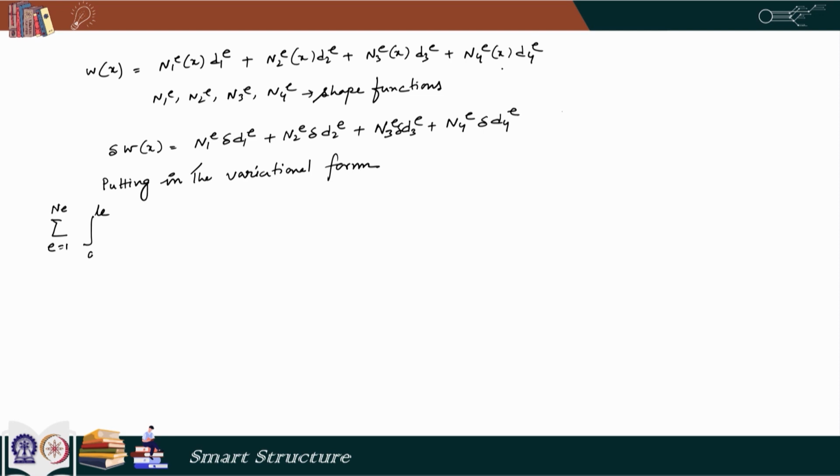Now, these shape functions, as we just now derived, are derived for each and every element separately. So, n1 e, n2 e, n3 e, n4 e means that they are n1, n2, n3, n4 of each element e. Accordingly the first element would have n11, n21, n31, n41 and so on.